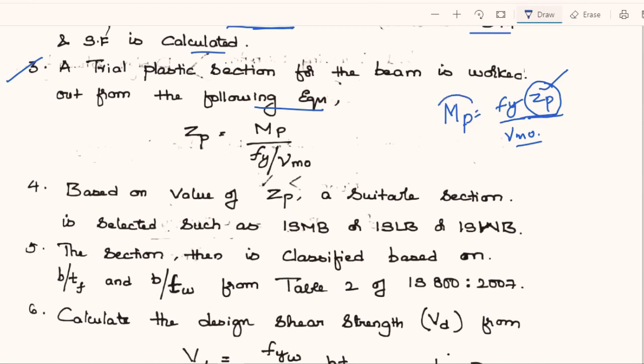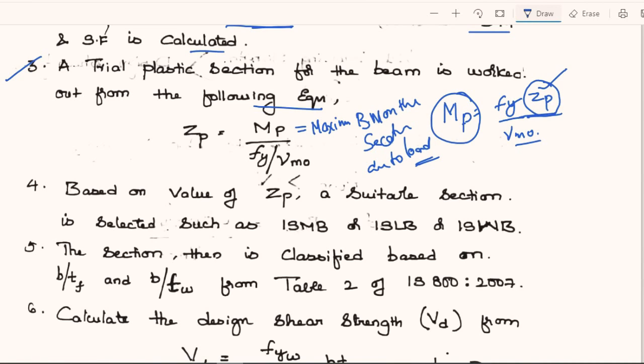So what is Mp in this equation is, this is nothing but maximum bending moment on the section due to load. You have already calculated what is the value of Mp from this step 2, and you know what is Fy and gamma m naught, and simply find out Zp.